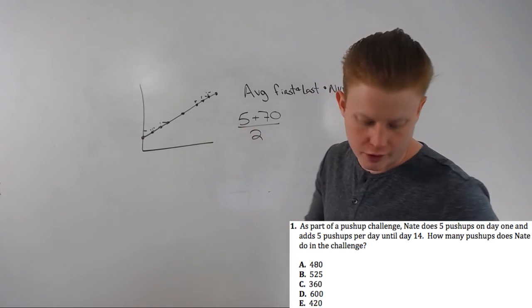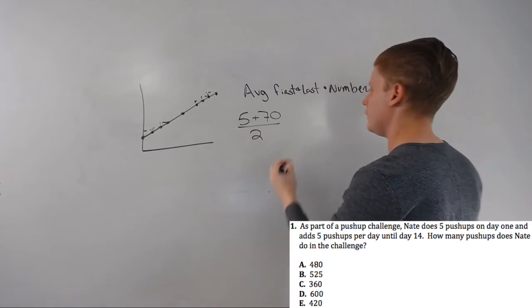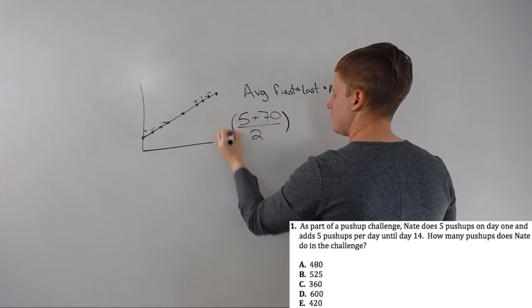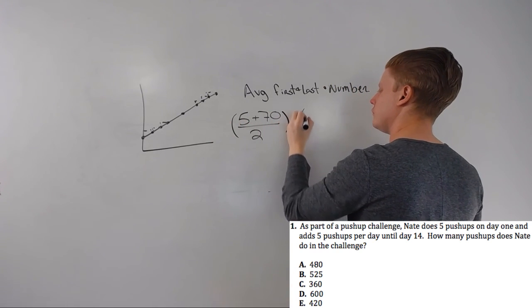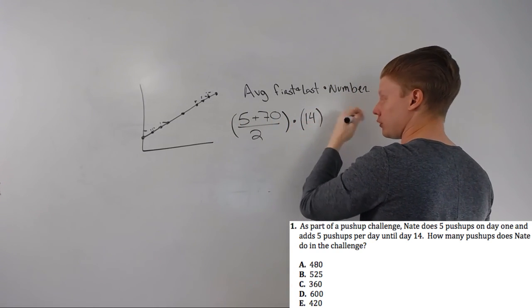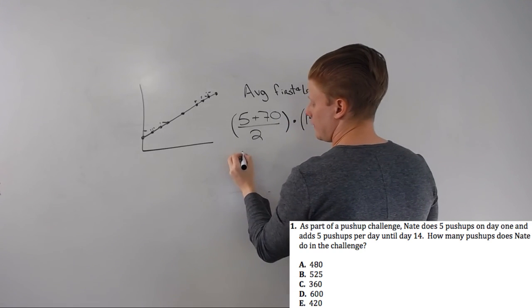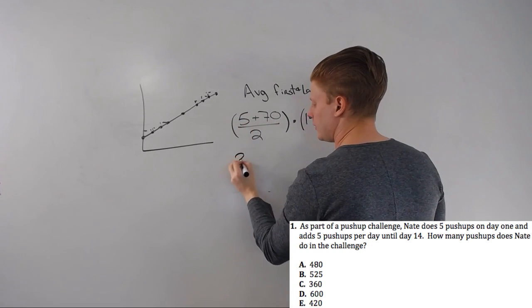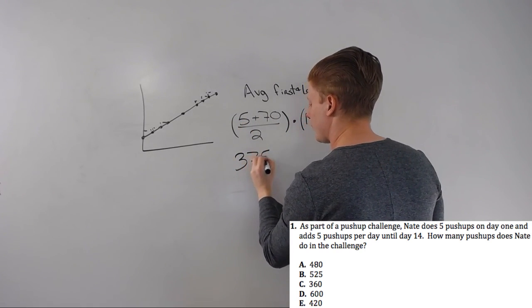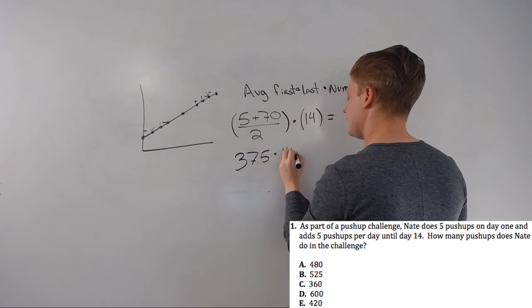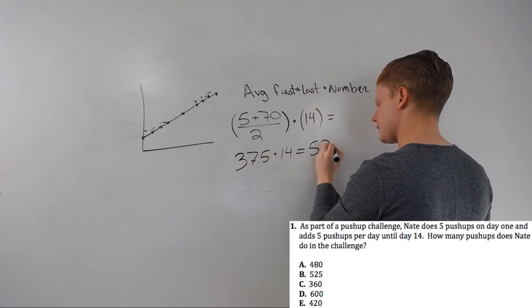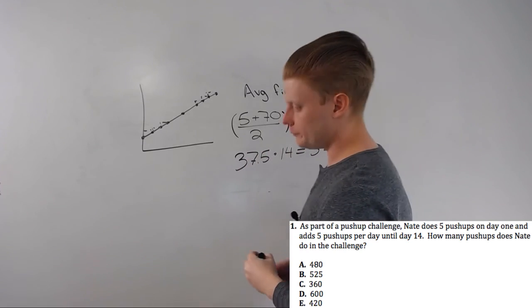Average equals sum over number. Please review that if you need to. Times 14. 75 divided by 2 is 37.5 times 14 is 525. That's another good way to do it.